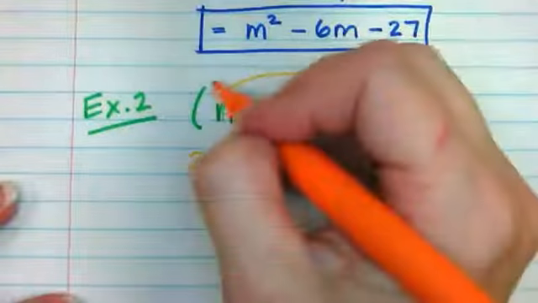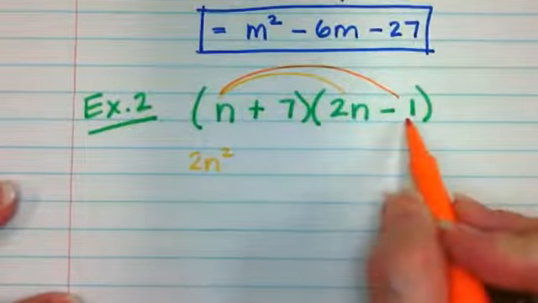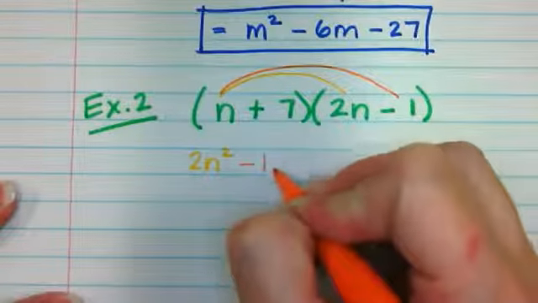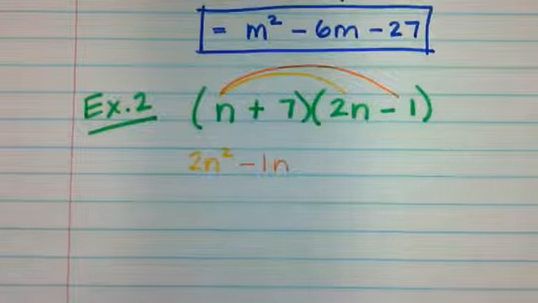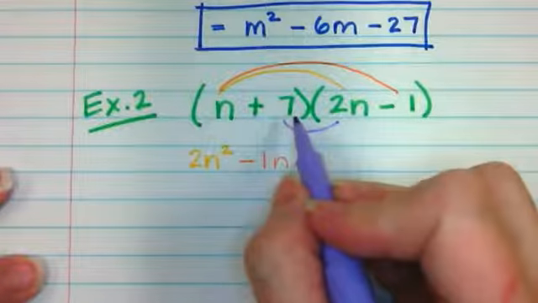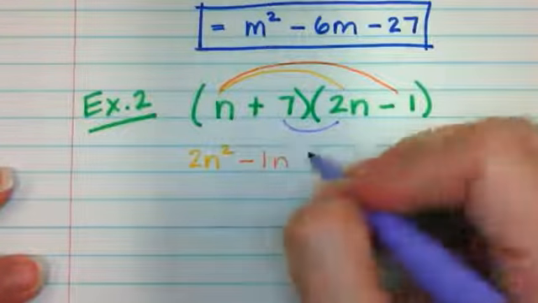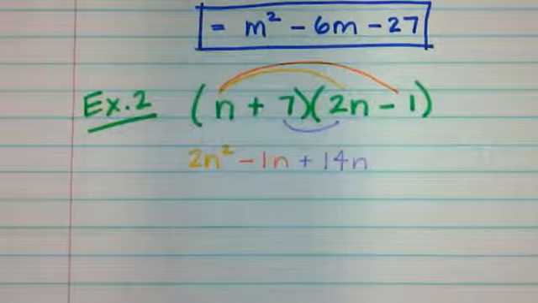Then we're going to multiply the outside terms together. So n times negative 1 is negative 1n, and you don't really need that 1. Next we multiply the inside terms together, which is positive 7 times 2n, so that's a positive 14n.